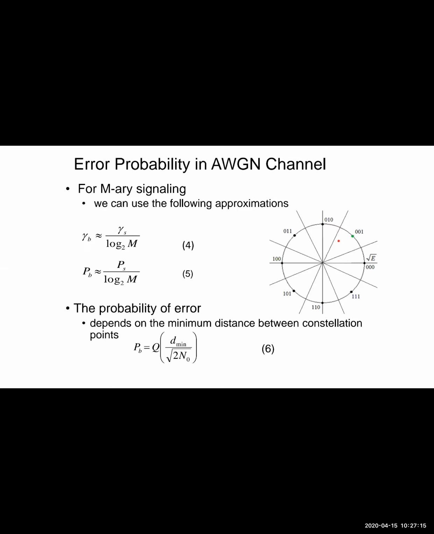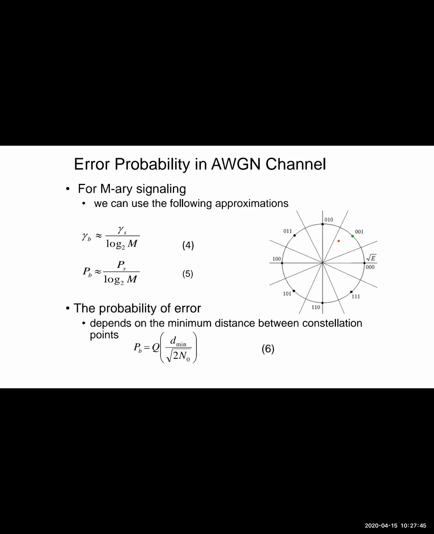So this constellation diagram gives you a map or a drawing of the symbols and the number of bits that the symbol carries. Any question on this? Okay, sure. There's no question. It's clear.